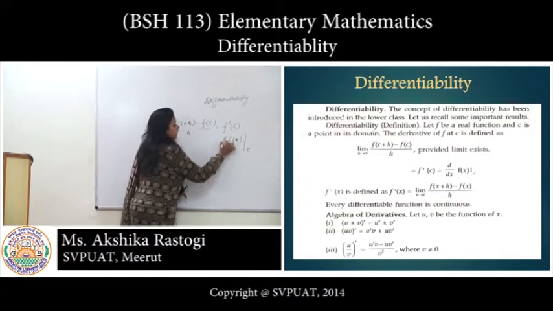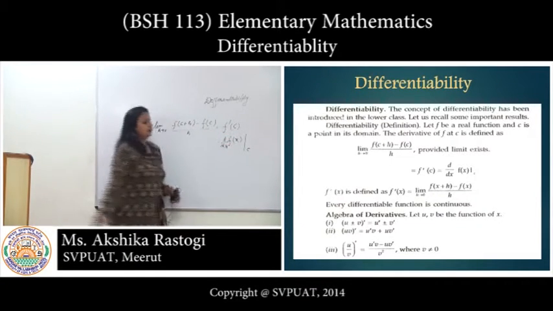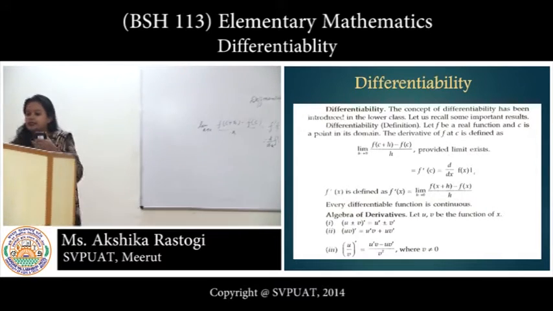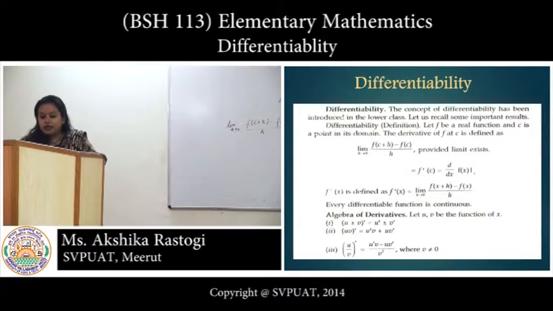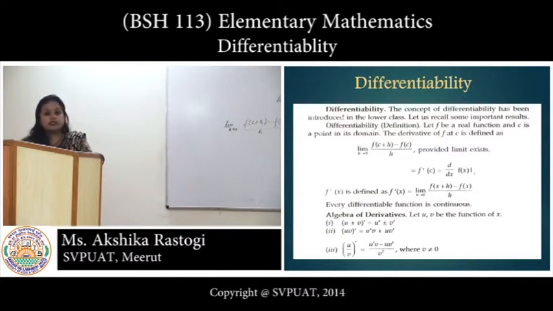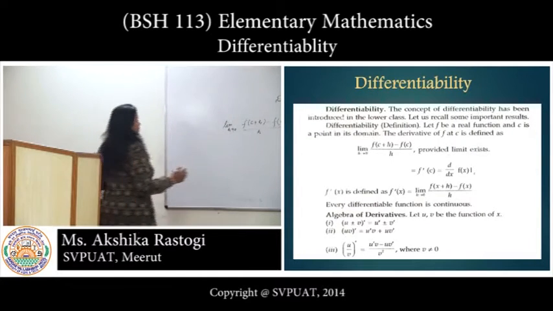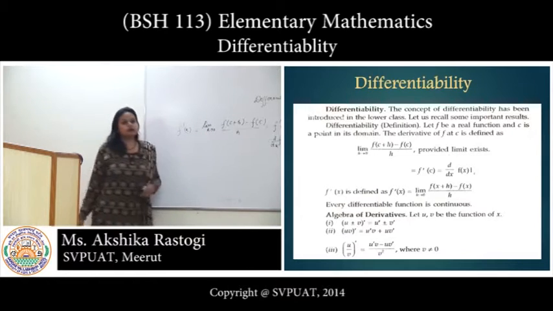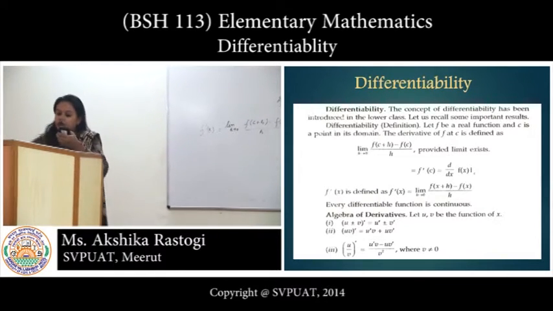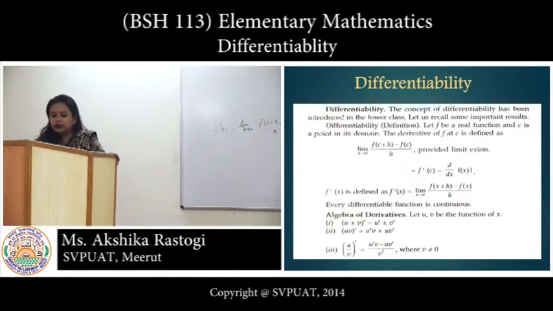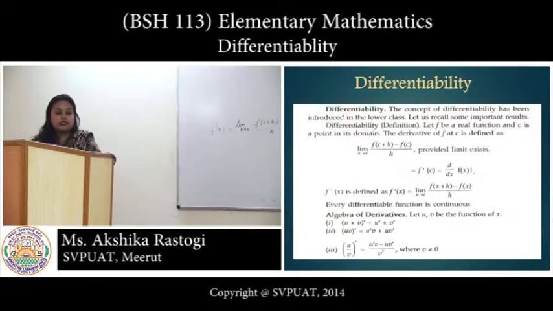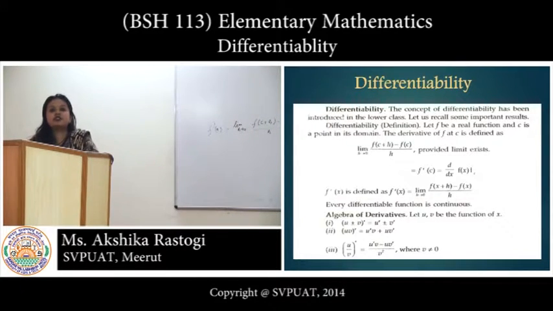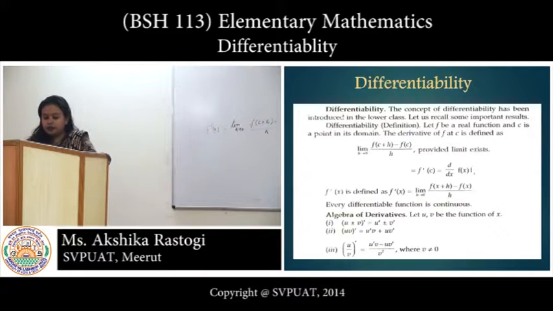We can also write it as d over dx f(x) at c. f dash x is defined by this formula. So basically this is the formula for differentiation. Now, every differentiable function is continuous. It is important that a differentiable function should be a continuous function.